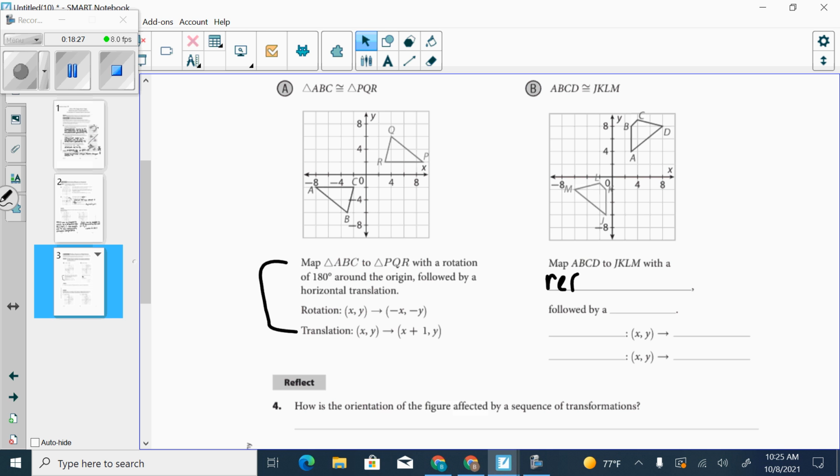Okay, which would have put it looking just like this, just up here somewhere, right? And how would I have gotten it to move from up here to down here? Just translation. It would be this figure slid down. I wouldn't want to flip it again because then it wouldn't look the same. Okay, so followed by a translation.